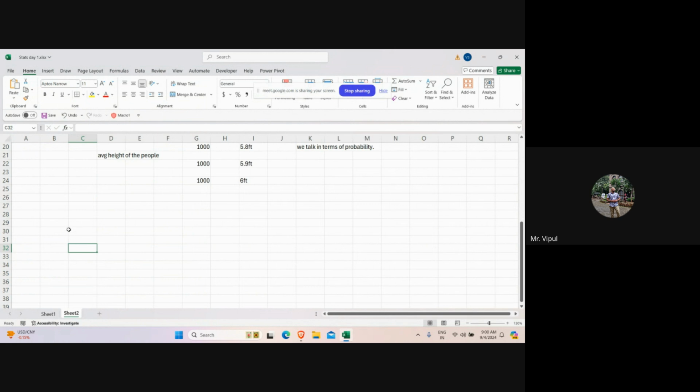In this session, the agenda is random variables, probability distributions, and expected value.